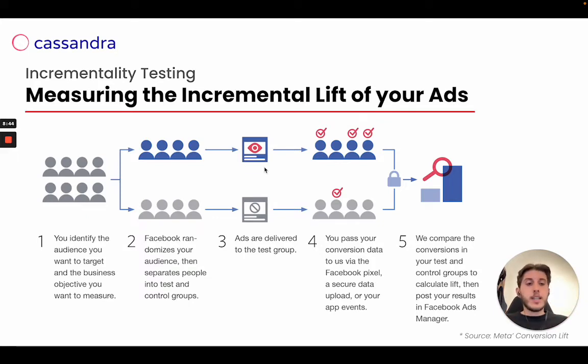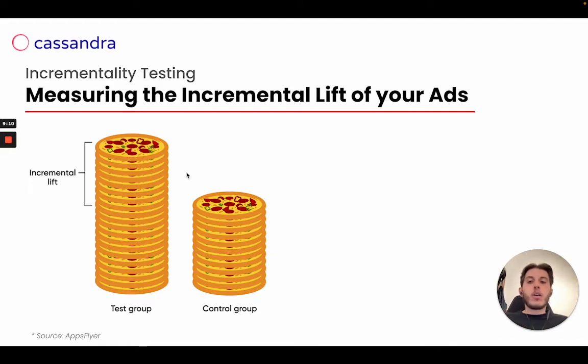But let's say that we split the groups. We found out the baseline that our audience is generating anyway. And then we provide one group with our ads and one group with no ads. Then we will analyze the output of these two different groups. This way we can know exactly what's the incremental value, the incremental amount of conversions generated by the test group.